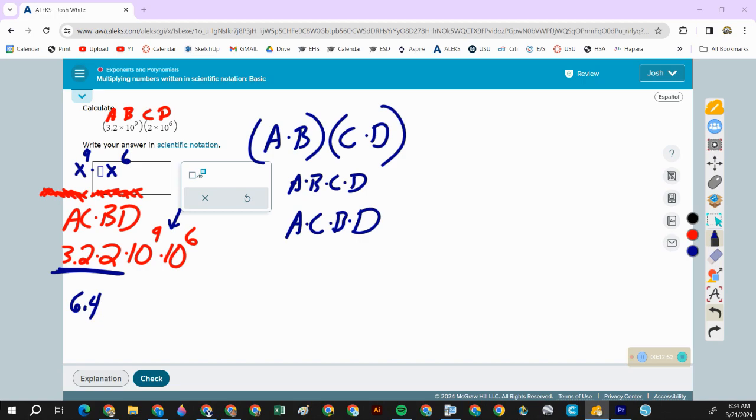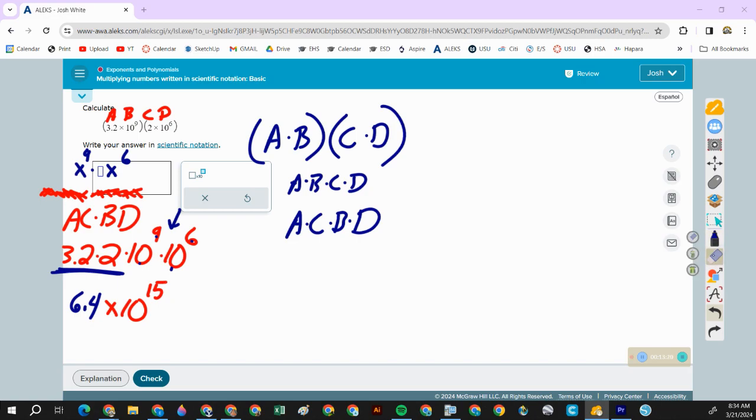So 10 to the 9th times 10 to the 6th is just 10 to the 15th. And I just multiplied those massive numbers together, and it was super, super easy. So that's another thing that scientific notation allows you to do. It's multiply or divide really massive numbers or really, really tiny numbers.